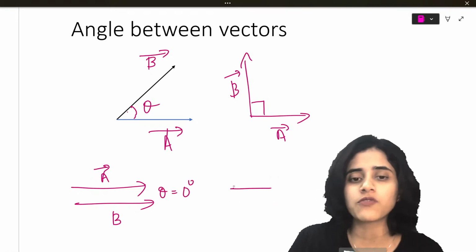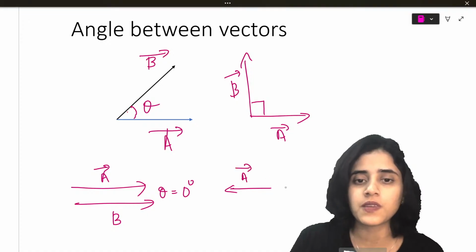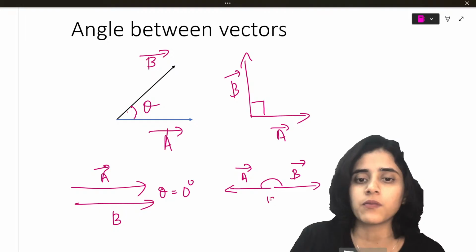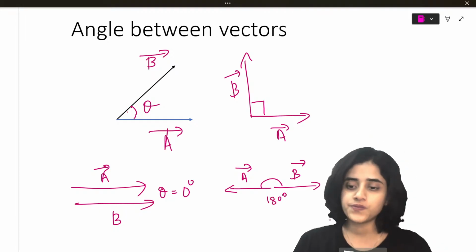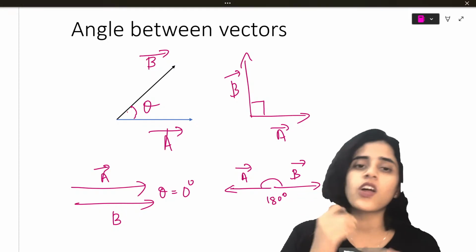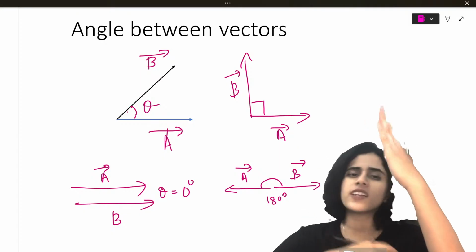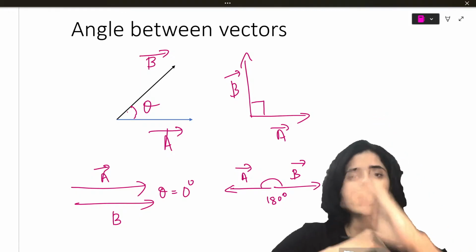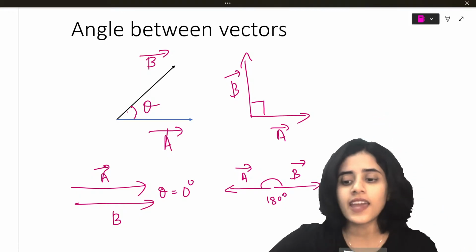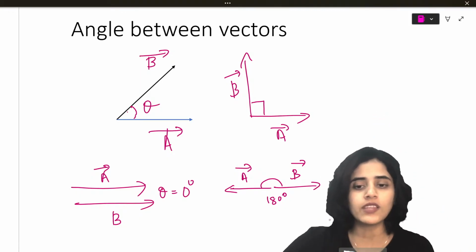Now imagine you have this as vector A and then this as vector B. What is the angle between them? 180 degrees. So these are all different angles that vectors can form. However they're placed, they can have some angle between them.